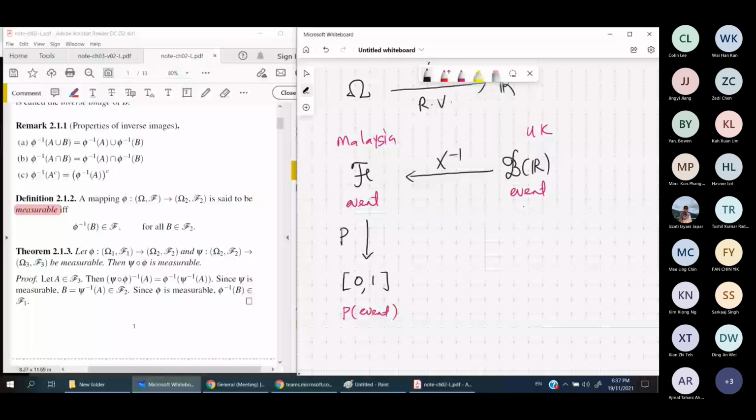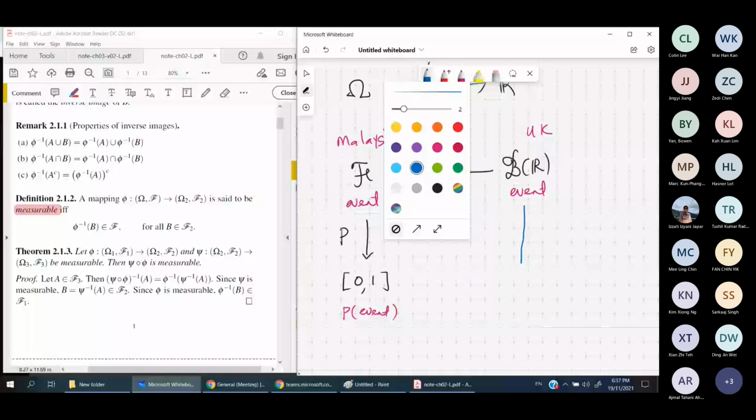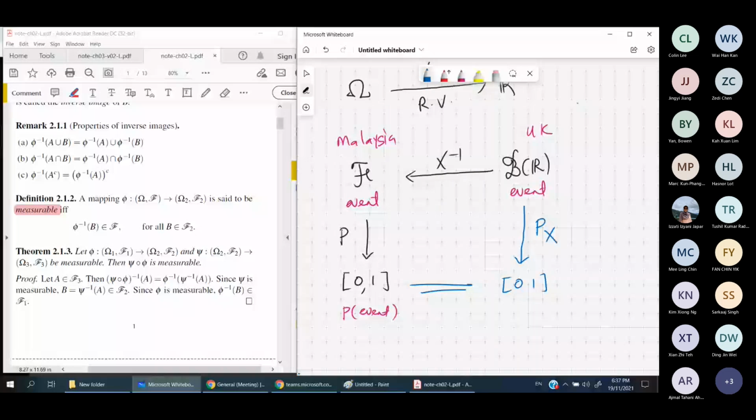From here we come to here, back to 0, 1. We simply call the combination of these two processes P_X. Mathematically, P_X will be just P composed with the inverse of X.